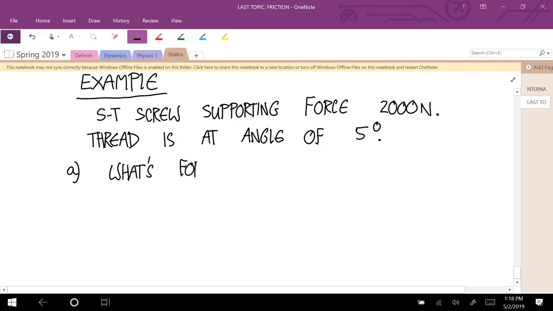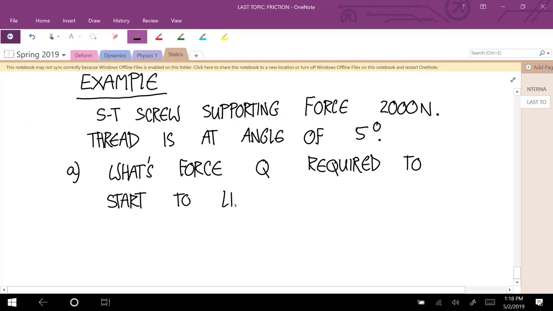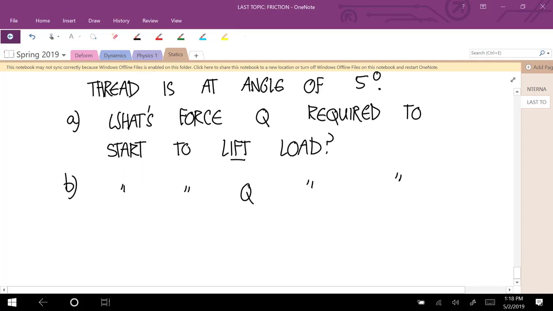What's the force Q required to start to lift the load? And then second, we'll figure out what force going the other direction. What's the force Q required to start to lower the load?